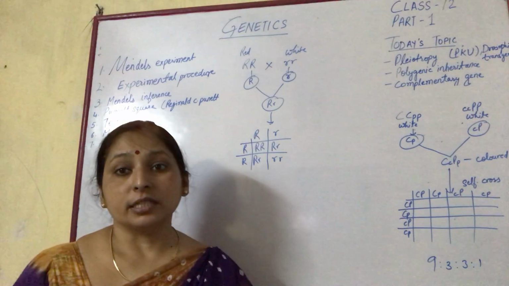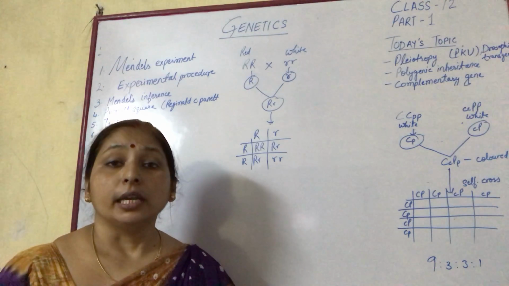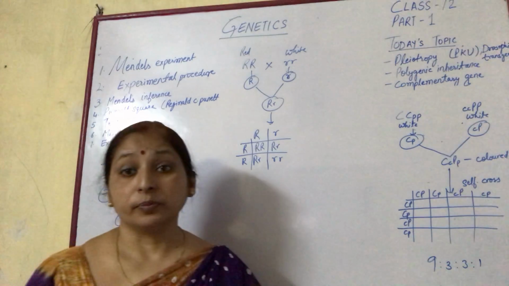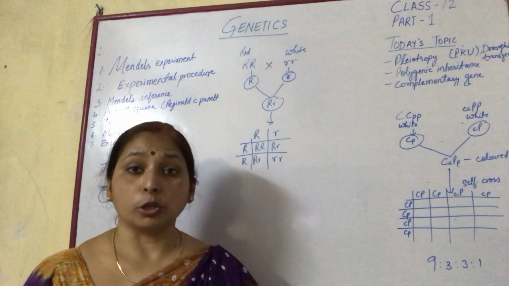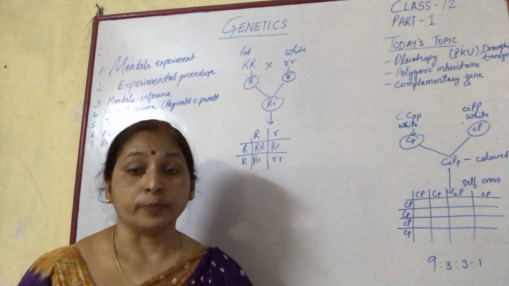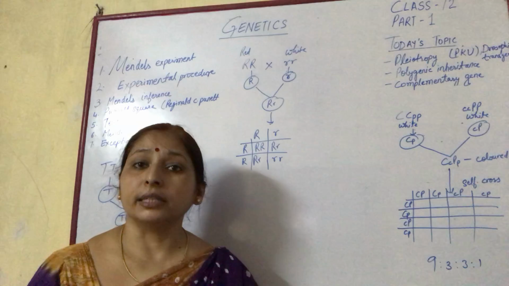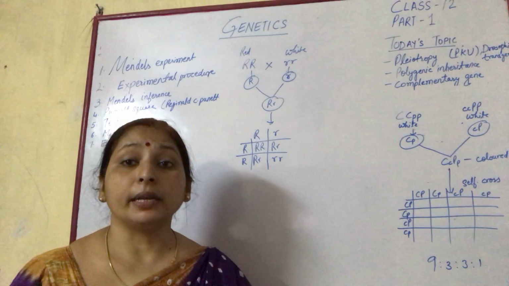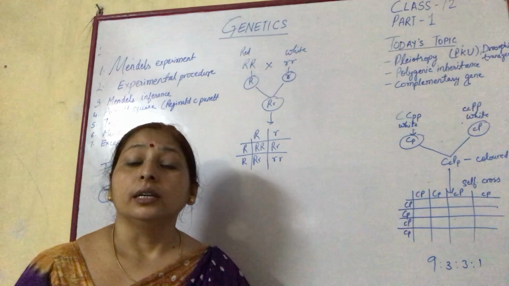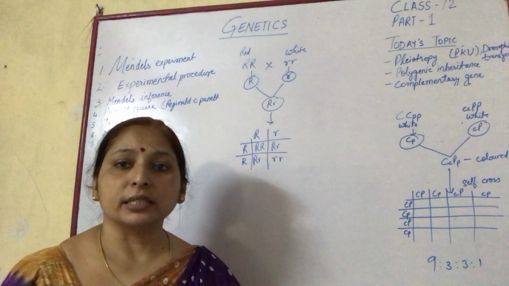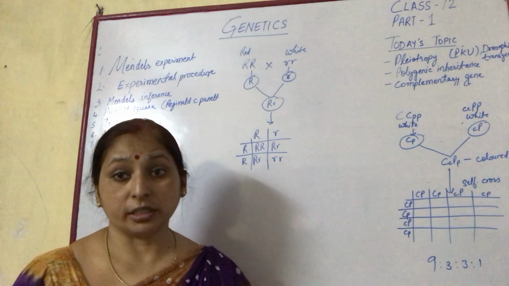Mendel is the father of genetics, but the term gene was not coined by Mendel. He used the term factor, meaning that some factors are present in the offspring which are inherited from the parents, from the grandparents, that is, the factors are inherited from generation to generation.